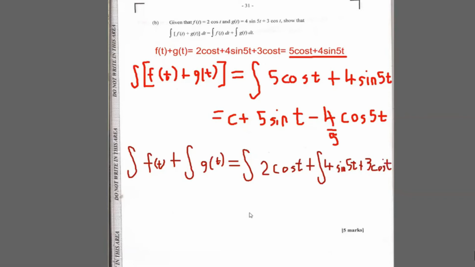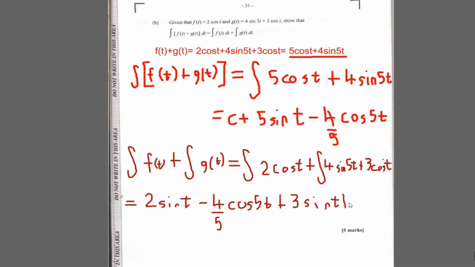So now integrating these two, the integral of 2 cos t is 2 sine t. Then when you integrate 4 sine 5t, you get minus 4 cos 5t, and then you divide by the differential of 5t, which is 5, plus when you integrate 3 cos t, you get 3 sine t, plus some constant of integration.